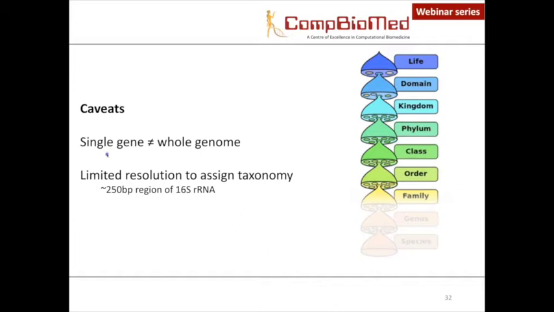It's also because we're sequencing a single gene and not a whole genome. You would get better granularity if you did this with a whole genome. And not only are we sequencing a single gene, we're sequencing a small region of a single gene. So we're sequencing approximately a sixth or a seventh of the total size of this 16S ribosomal RNA gene.